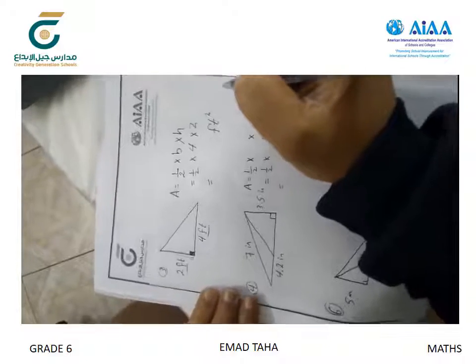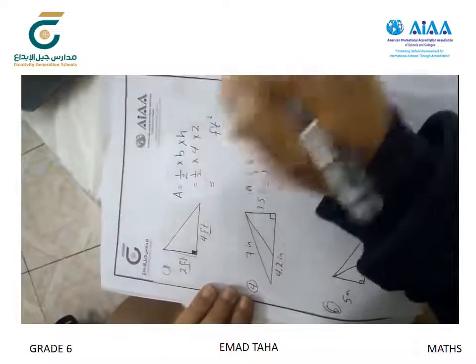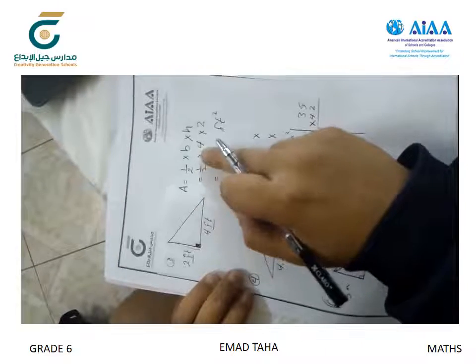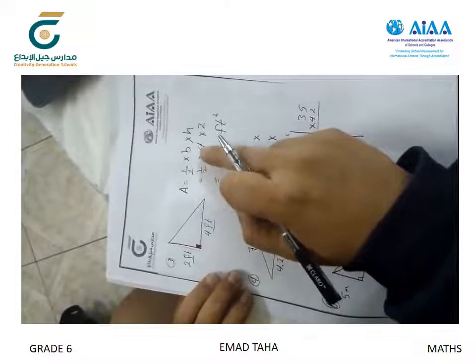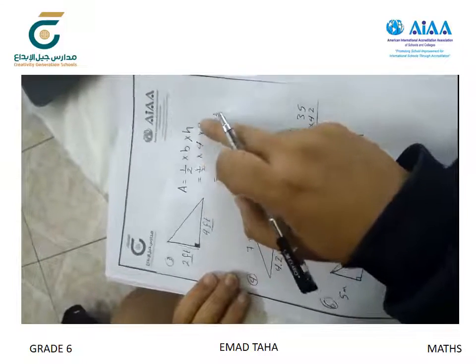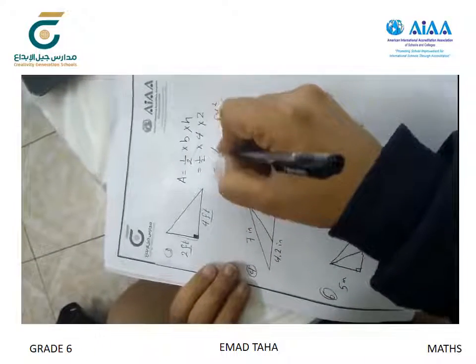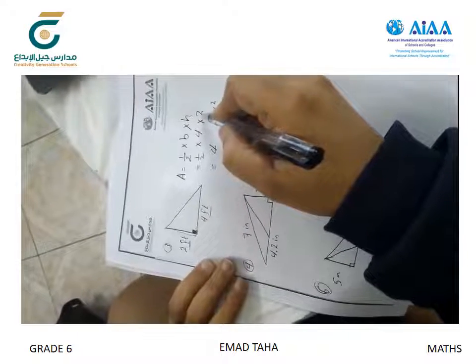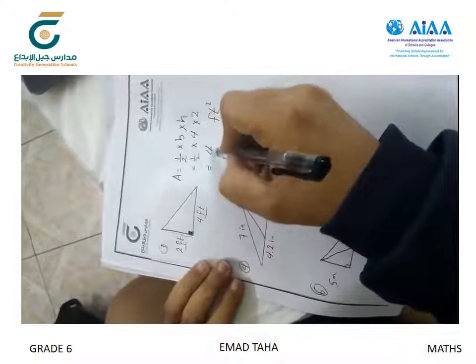Okay, we have two ways to do the multiplication here. We can multiply half by 4. Half times 4 equals 2. Then 2 times 2 equals 4. Or 4 times 2 equals 8, and half of 8 equals 4.